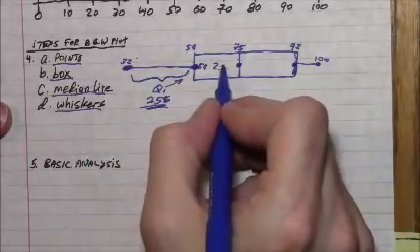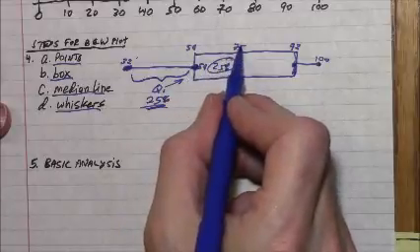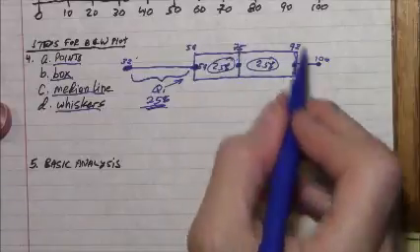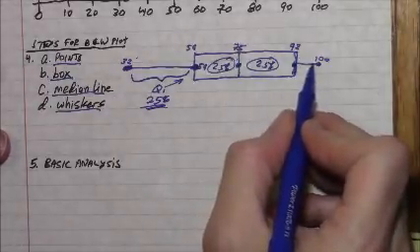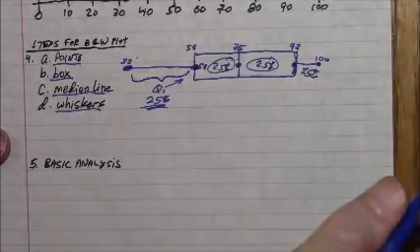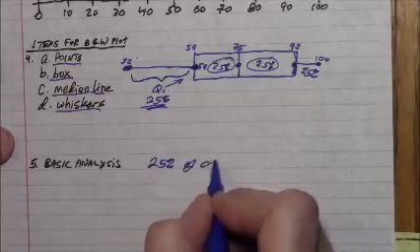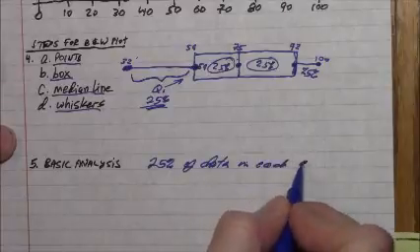Then 25% of all the data is between 59 and 75. 25% of the data is between 75 and 92. And then a very small amount here, 92 to 100, but there's also 25% of the data there. So 25% of data in each quartile.